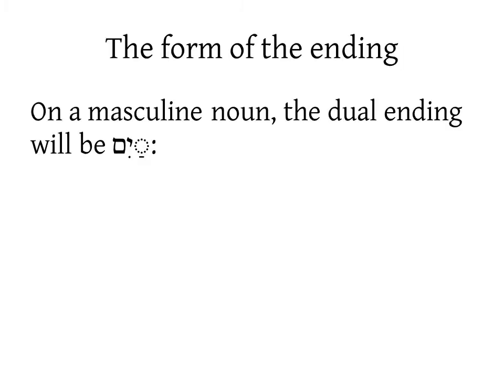Beseder? Before we get to specific nouns, however, first I have to tell you what the form of the dual ending will look like. On a masculine noun, the dual ending will be ayim, that is patach, yod, hirek, and a mem. Ayim, if you remember, is one of the two so-called diphthongs in Hebrew.